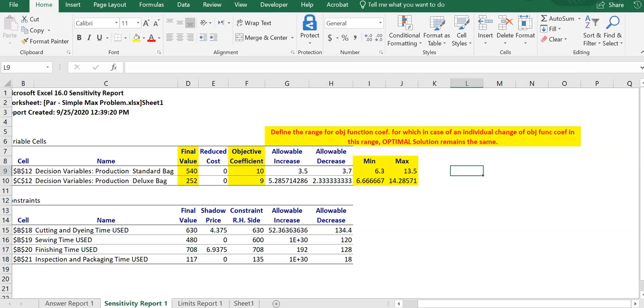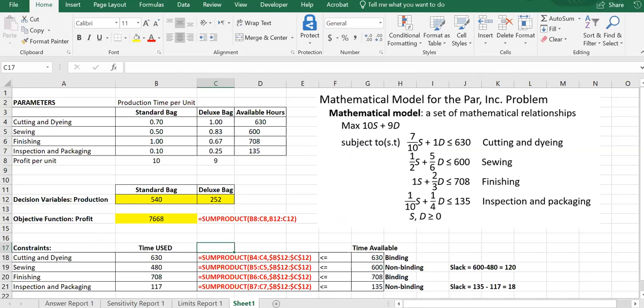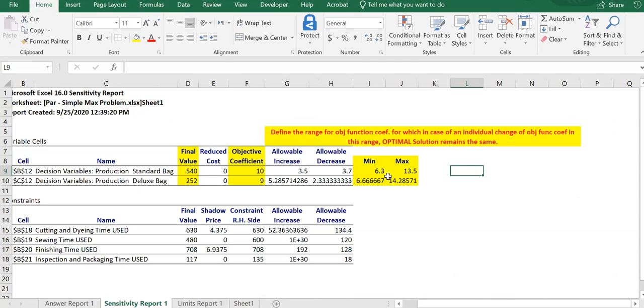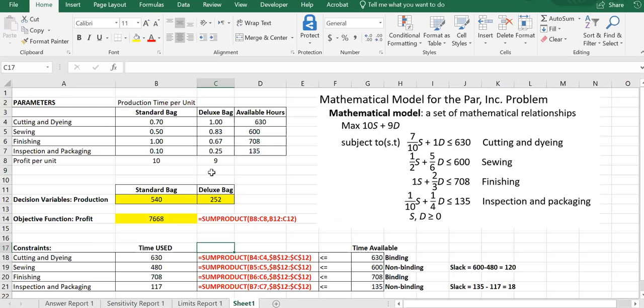So let's just try that and see if this is correct. Here I said profit per unit is 10 for standard bag and 9 for deluxe. From my sensitivity report, I know that I'm allowed to increase it all the way to 13.5, but not 13.5 itself. Anything below this, as long as it's not 13.5, that's fine.